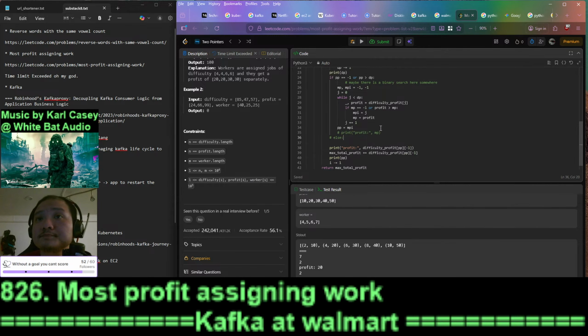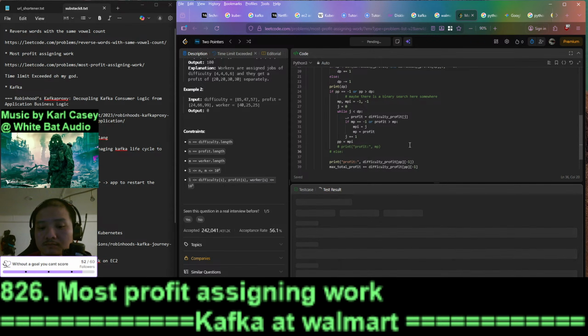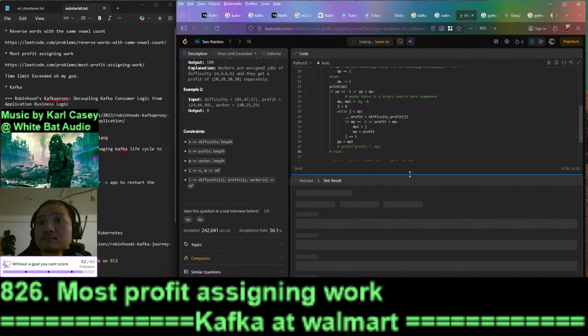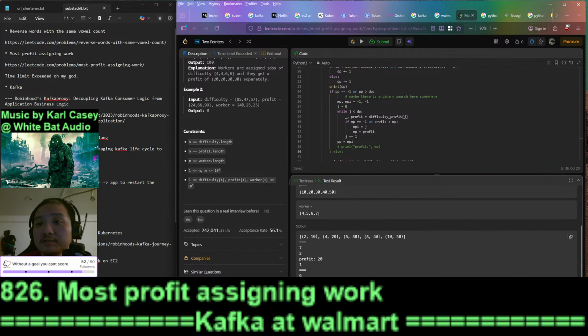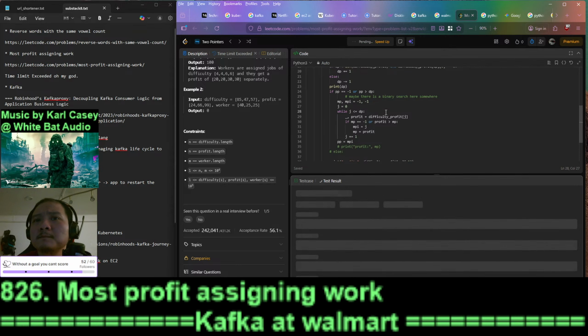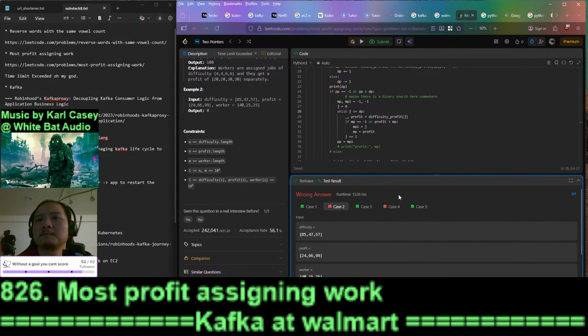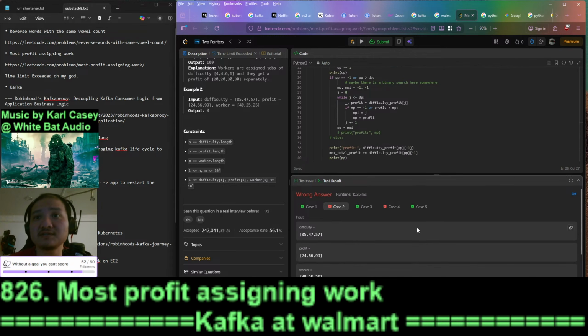Right. Okay, let's check. Okay, profit 20 here is wrong. Oh, this is less than or equal, maybe. Okay, so at least we passed the time limit exceeded. Looks like it's a good optimization.